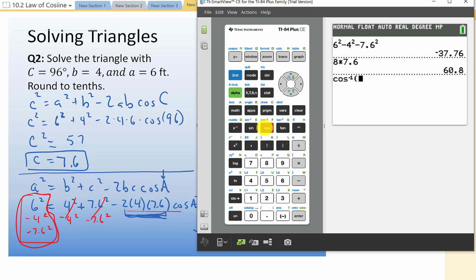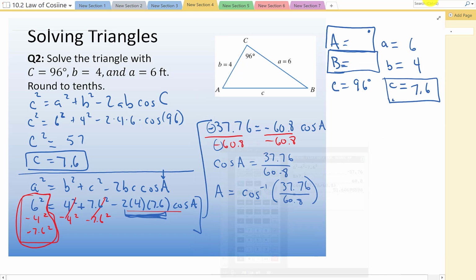Cosine inverse of 37.76 divided by 60.8. Close that off, hit enter, and I get 51.6 degrees. So A equals 51.6 degrees.